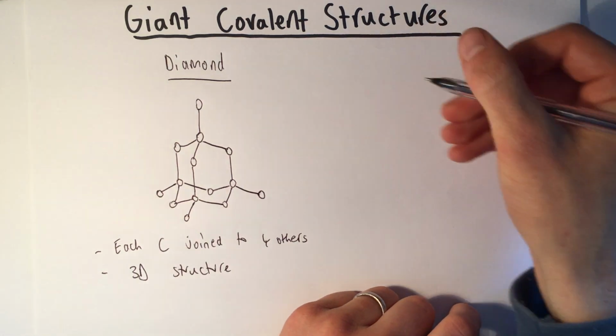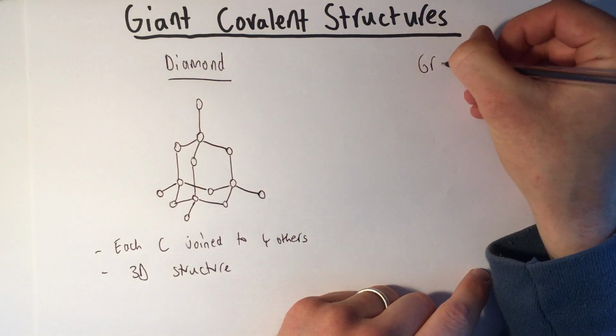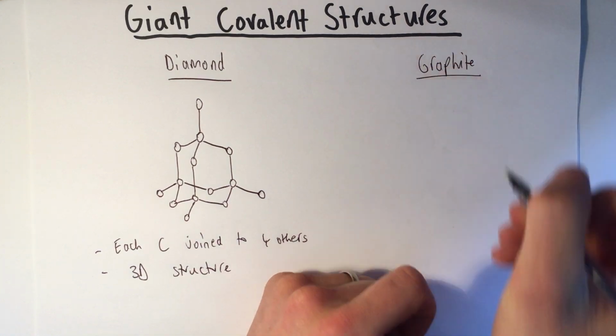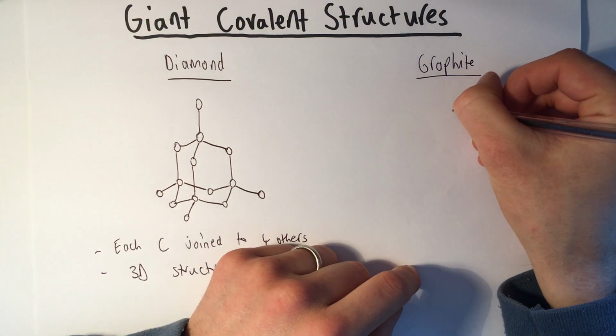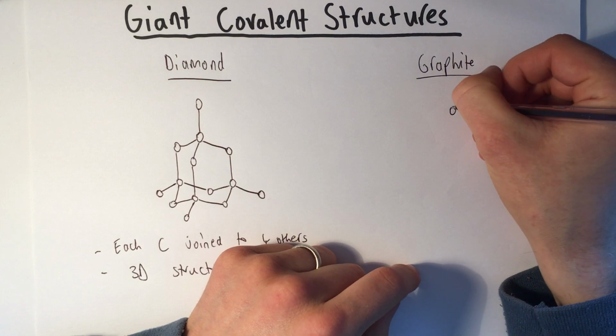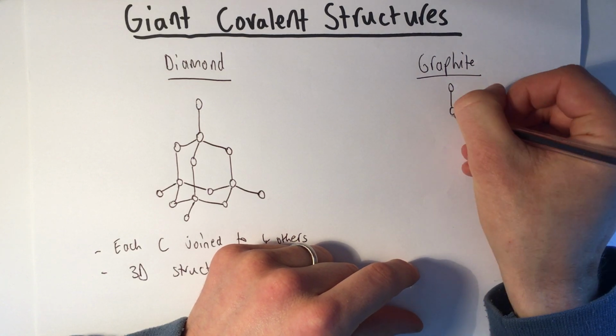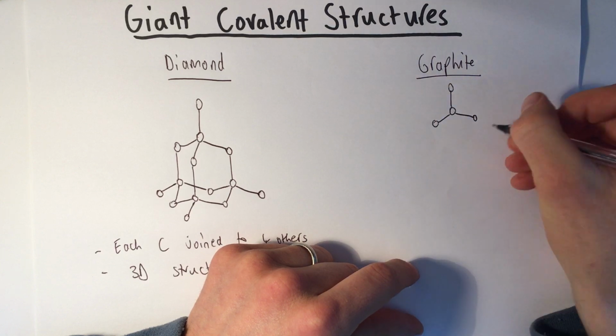Okay, the other example that we'll look at now is graphite. Graphite bonds differently. This time for graphite, each carbon atom joins to 3 others only. And that makes graphite actually quite a lot easier to draw.